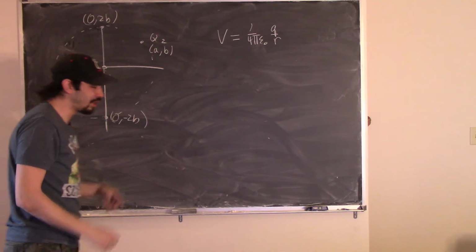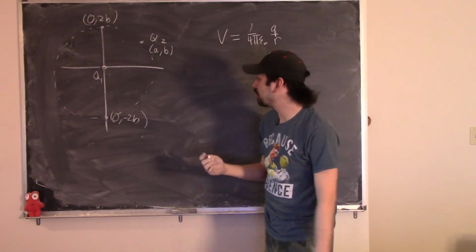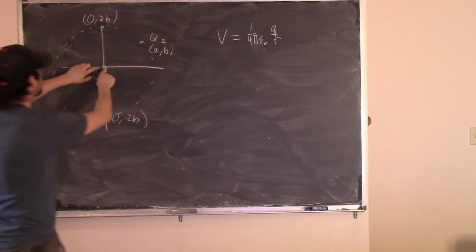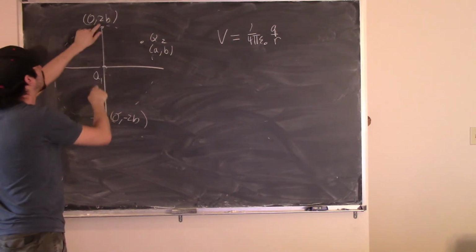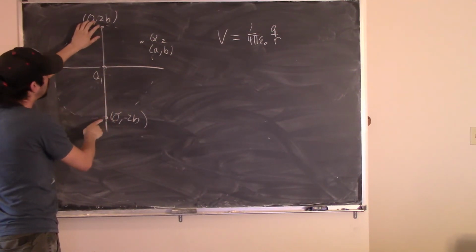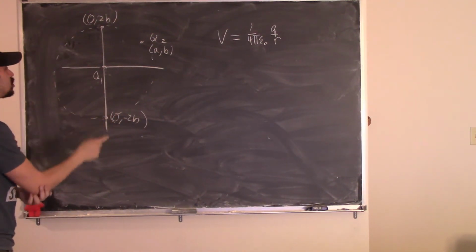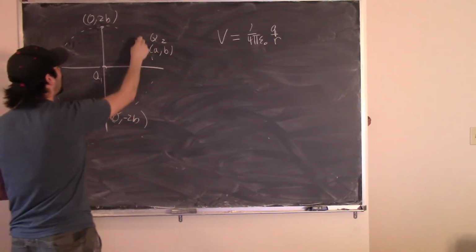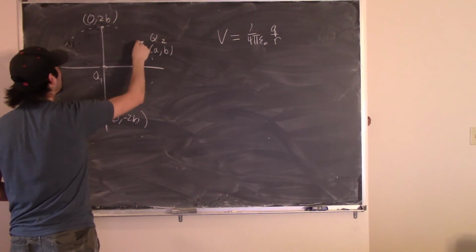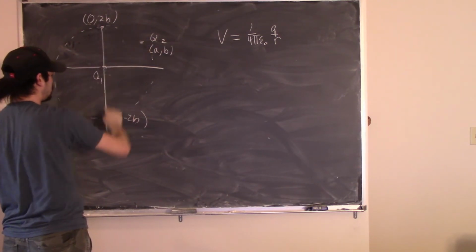When I take the electric potential difference between these two points, the contribution from this charge is going to cancel. So really the only portion I need is the electric potential that this one produces here and what it produces here.